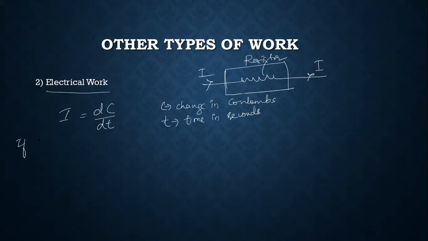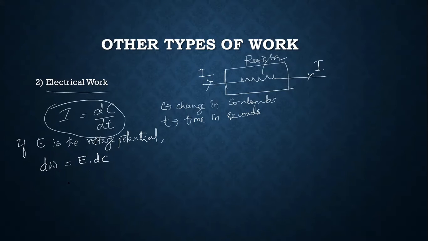If E is the voltage potential, then the elemental or infinitesimal work done dW is equal to E into dC. Therefore, dC can be written as I into dt, and dW is equal to E I dt.